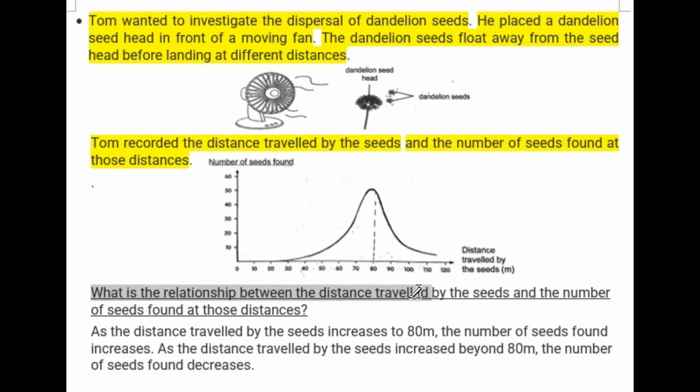What is the relationship between the distance traveled by the seeds and the number of seeds found at those distances? As the distance traveled by the seeds increases to 80 m, the number of seeds found increases. As the distance traveled by the seeds increases beyond 80 m, the number of seeds found decreases.